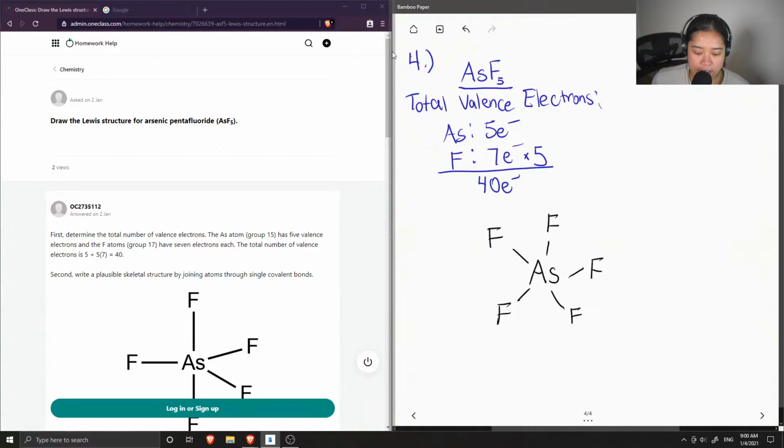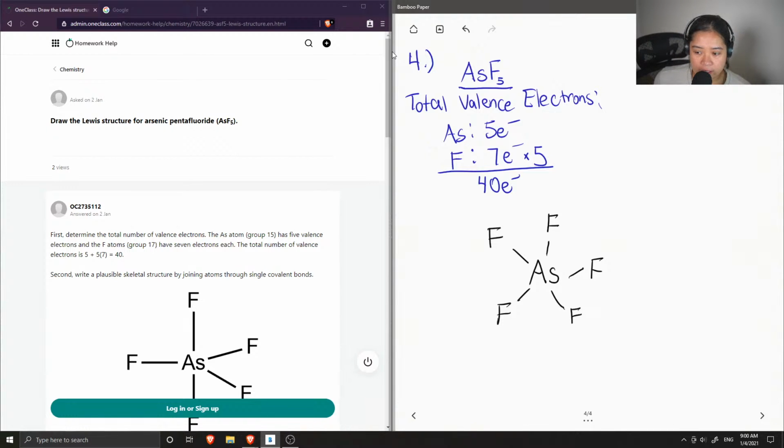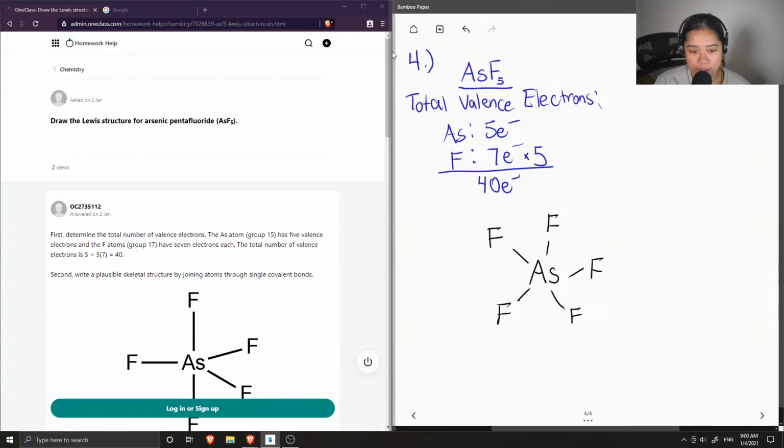Each has a single bond to arsenic, so each bond contains 2 electrons. So far I've drawn 10 electrons out of the 40. Now I'm just going to draw all the lone pairs on my fluorine atoms. Each fluorine has 3 lone pairs, or 6 electrons in total.